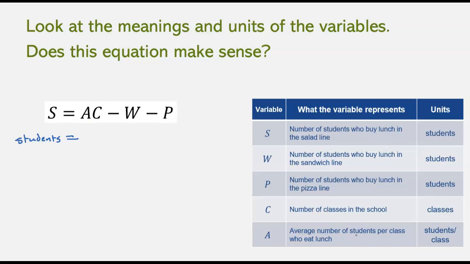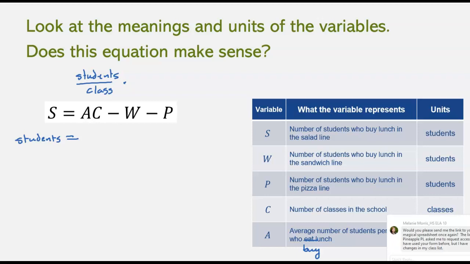A times C. Let's see if we can figure out what that means. So A is the average number of students per class who buy lunch. So if we take the average number of students per class who buy lunch, and then multiply it by C, the number of classes in the school, the classes units will cancel, and we're just left with students.